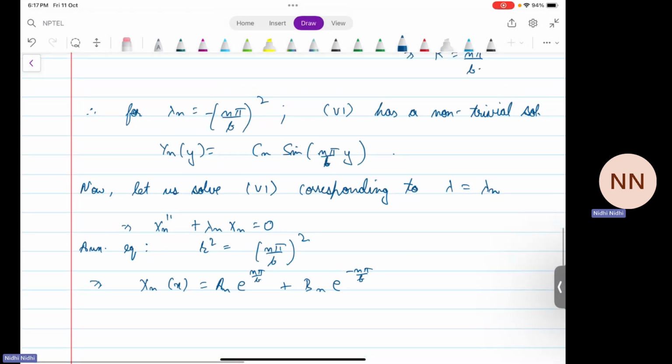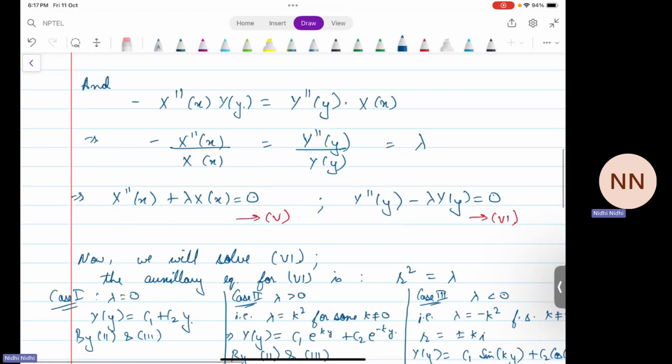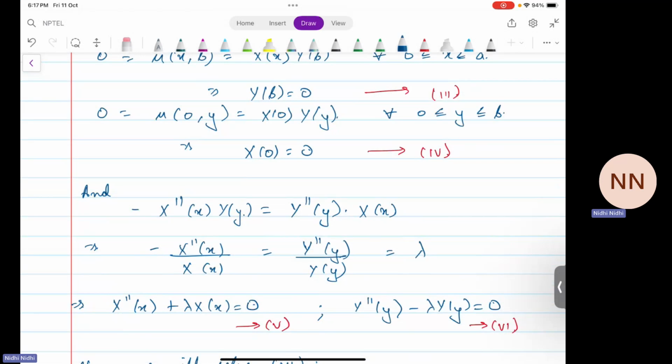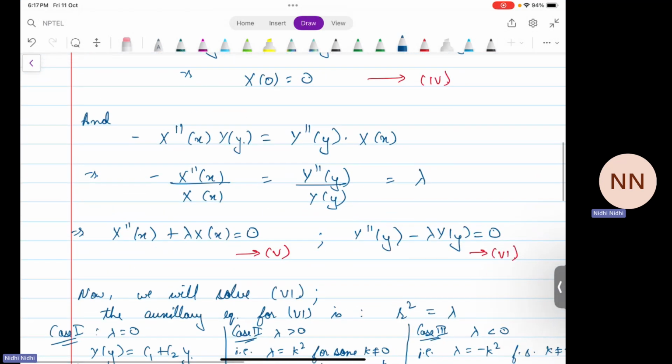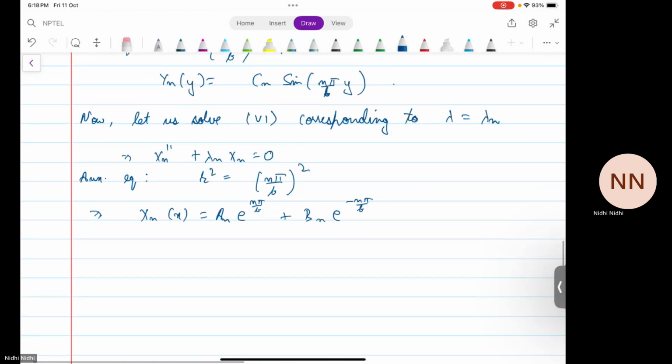Now we had a condition on x as well. Because xn is a solution of equation 5, it must satisfy the initial condition x0 equals 0. So we have by equation 4, 0 is equal to xn at 0, which is just an plus bn. Now this gives us bn is equal to minus an.